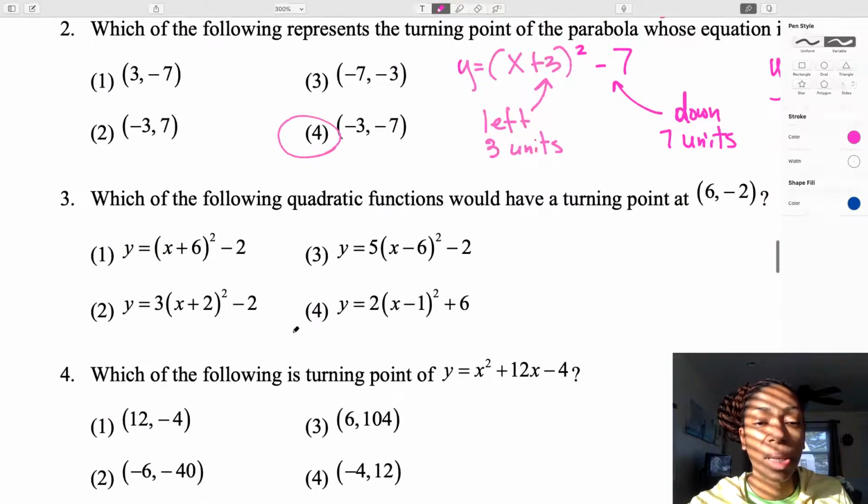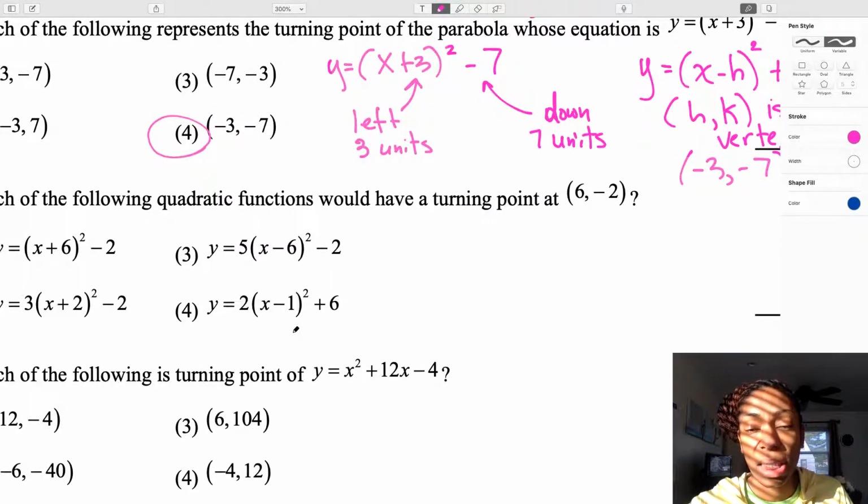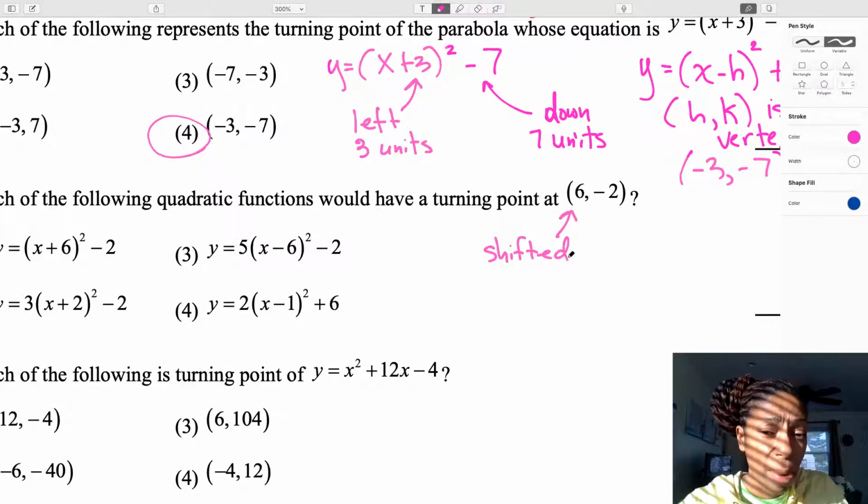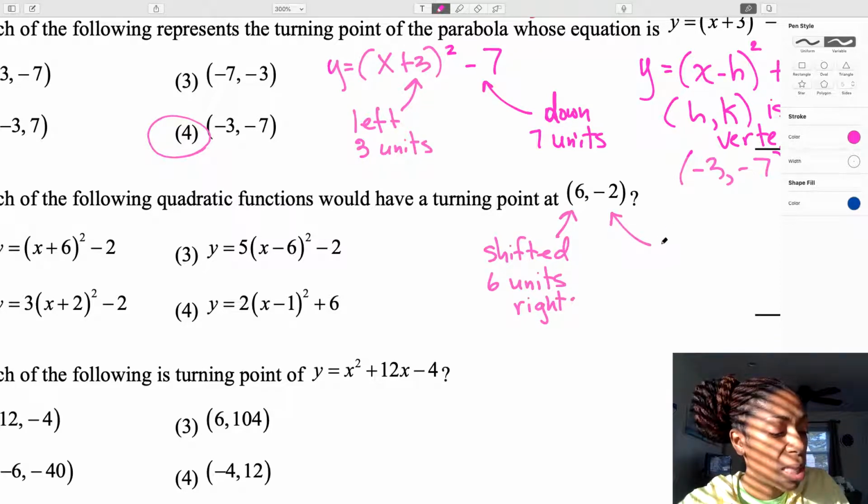Which of the following quadratic functions would have a turning point at 6, -2? Couple ways you could look at this. The 6 means the parabola has been shifted 6 units right. And this -2 means it has been shifted or translated 2 units where?